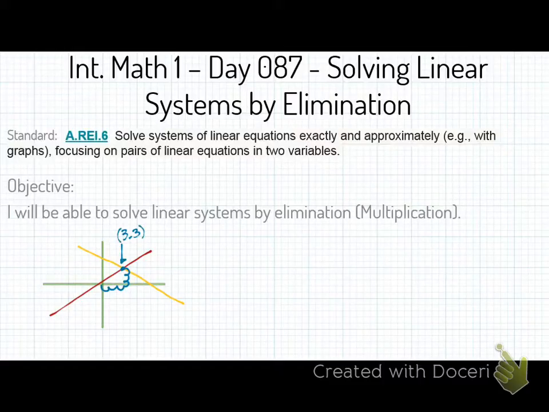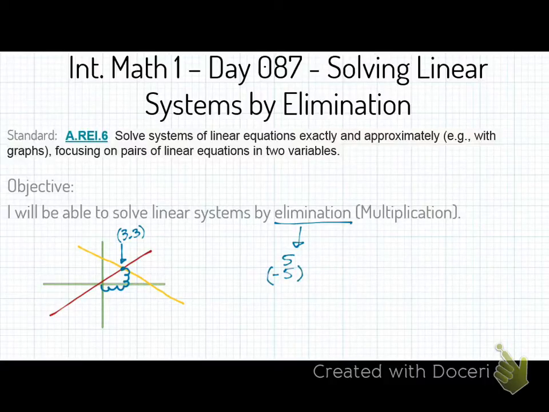We could do that graphically. I also taught you how to do it by substitution, and then I recently taught you how to do it by elimination. And so today we're going to continue that. There are some harder problems, but you'll need to learn how to do them, and they're not too hard once you get the big idea. So remember yesterday, elimination means to get rid of, and we were able to get rid of things when we had two of the same numbers, like 5 and -5, one on top of the other.